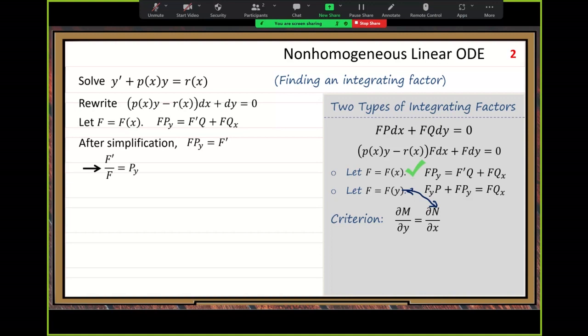But before we solve it, f is a function of x. F prime is also a function of x. F prime over f, left-hand side, is a function of x. So the right-hand side, p, look at the special p we have.